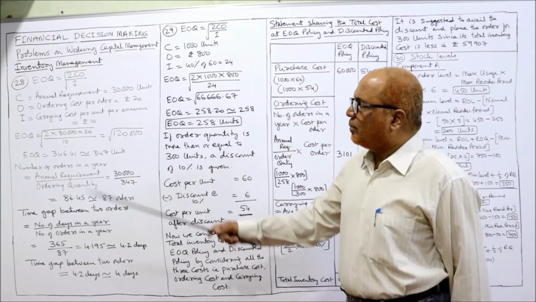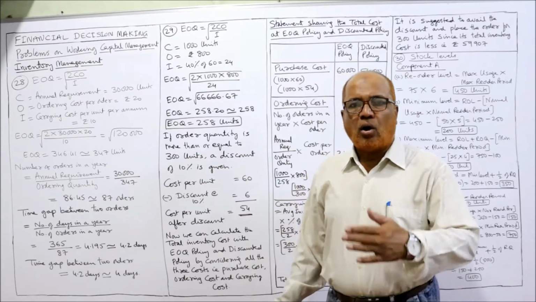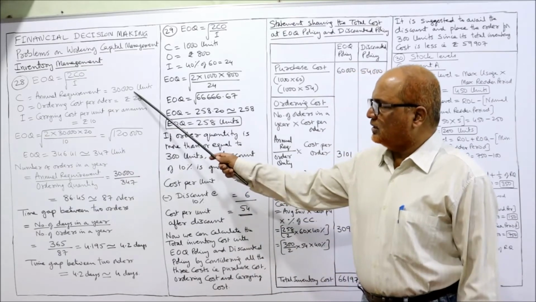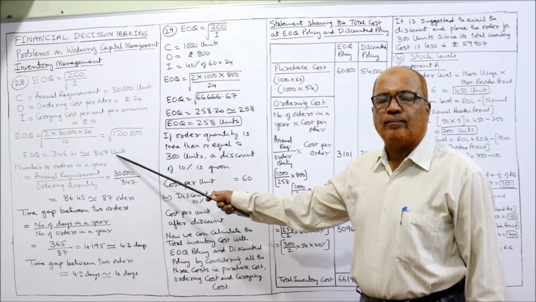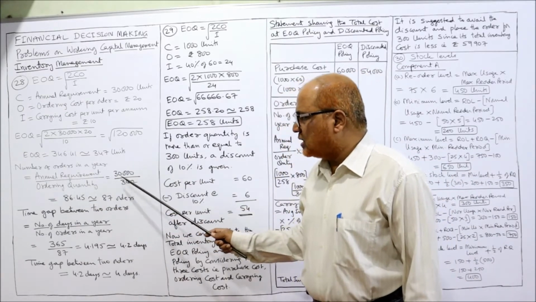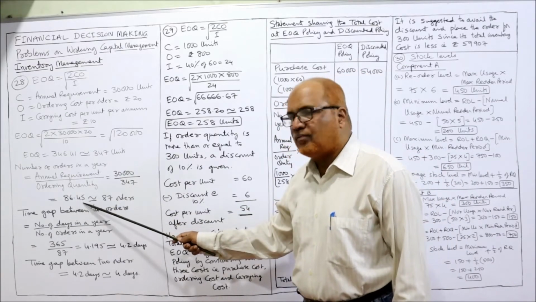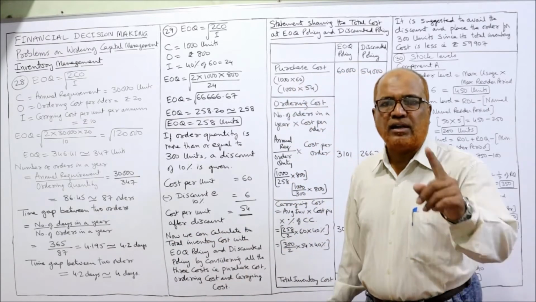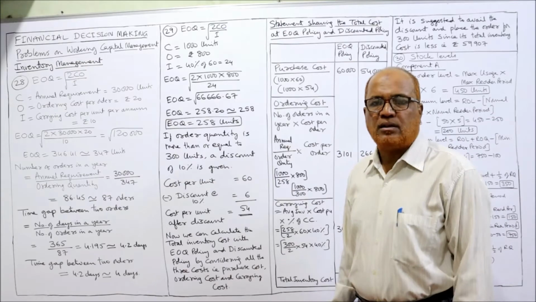So annual requirement is 30,000 and the ordering quantity is 347 units. 30,000 divided by 347 is 86.45, or equivalent to 87 orders. In 1 year, 87 orders should be placed.